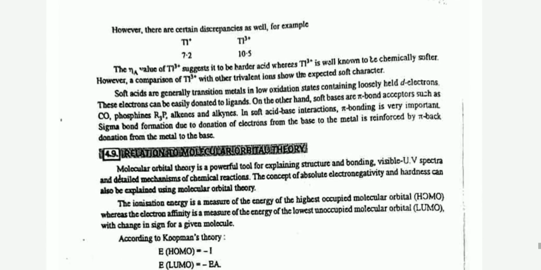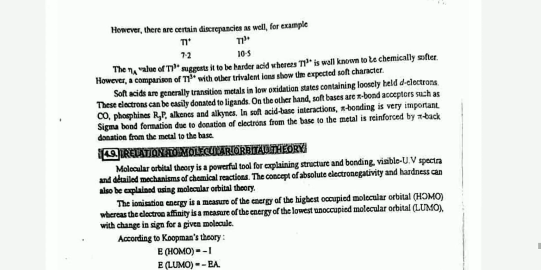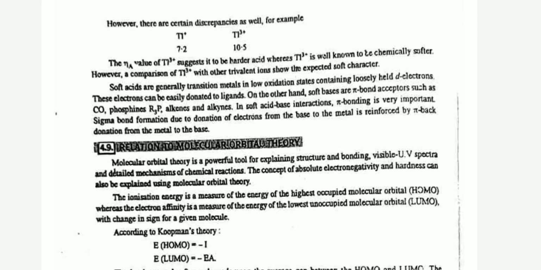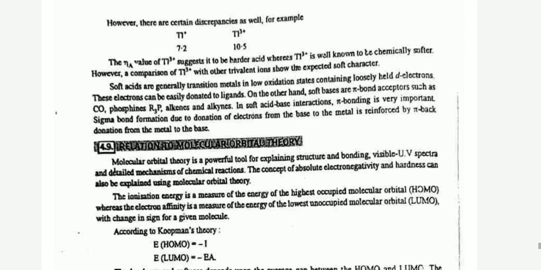For example, Ti positive 7.2, Ti3 positive 10.5. The eta A value of Ti3 positive suggests it to be a harder acid, whereas Ti3 positive is well known to be chemically softer. However, a comparison of Ti3 positive with other trivalent ions shows the expected soft character.